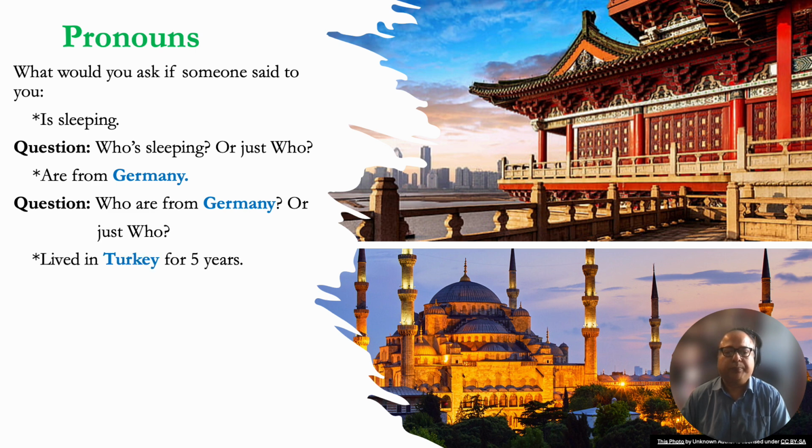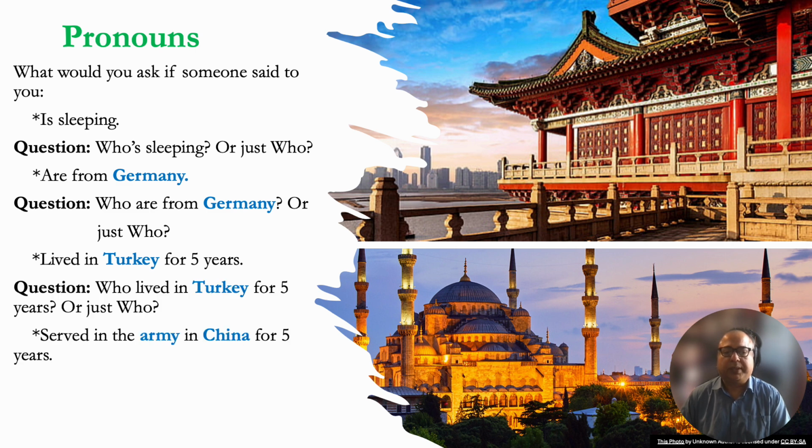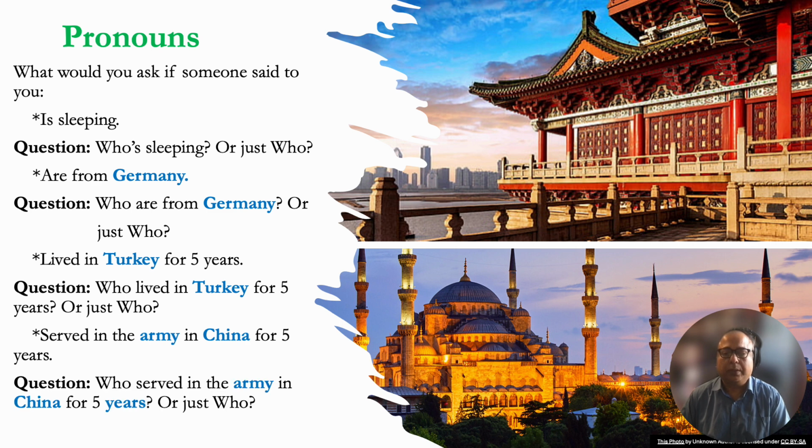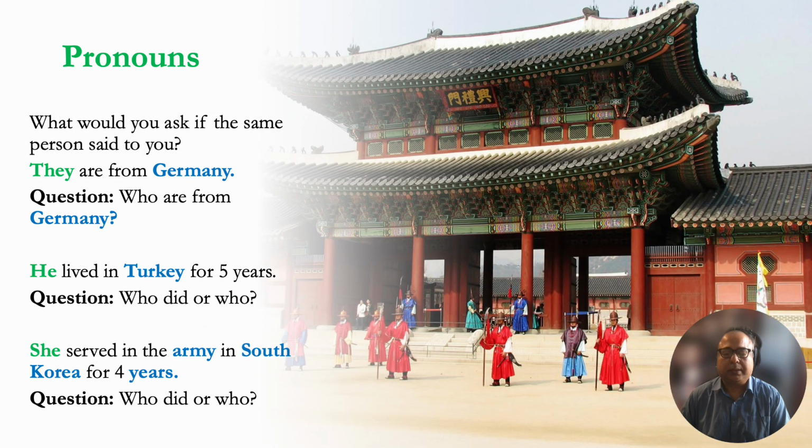Or just "who? Lived in Turkey for 5 years." Who lived in Turkey for 5 years? "Served in the army in China for 5 years." Who served in the army in China for 5 years? So clearly something is missing in these sentences, right? So what is missing? Well, pronouns were missing.